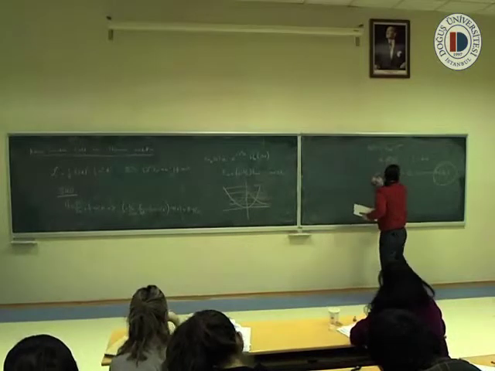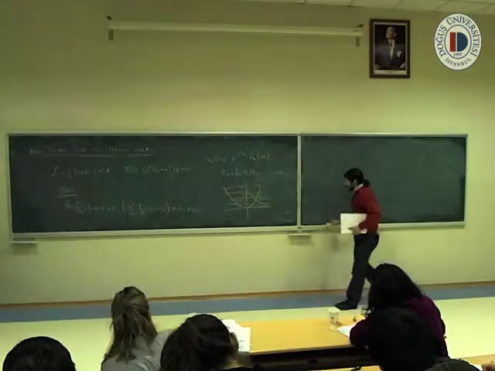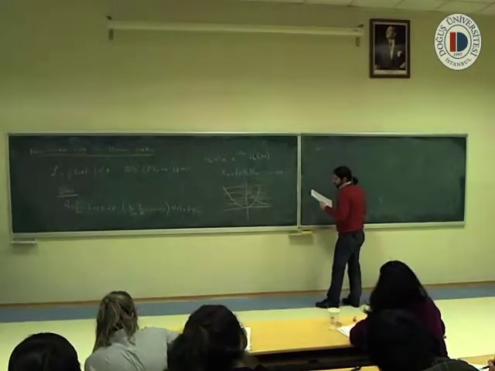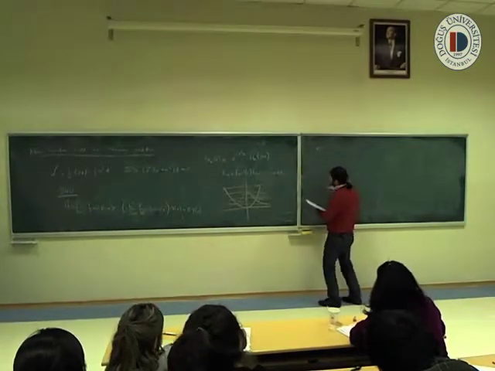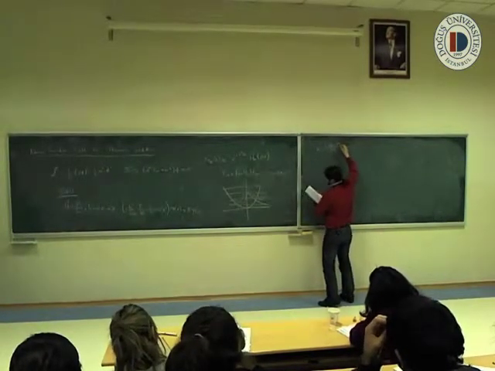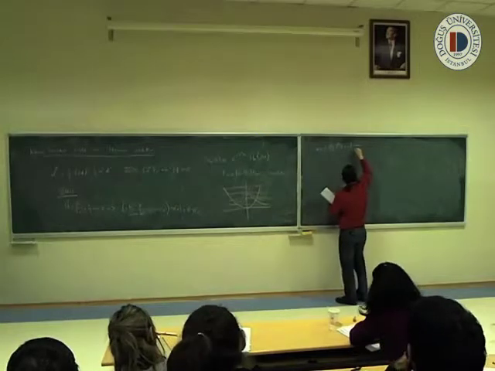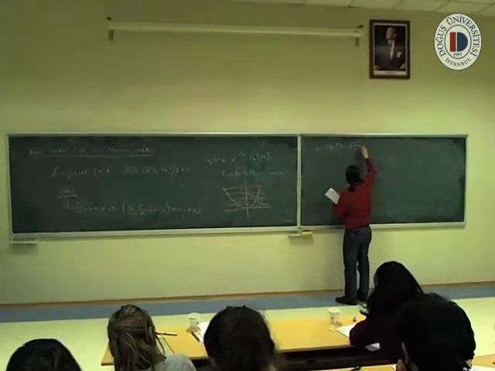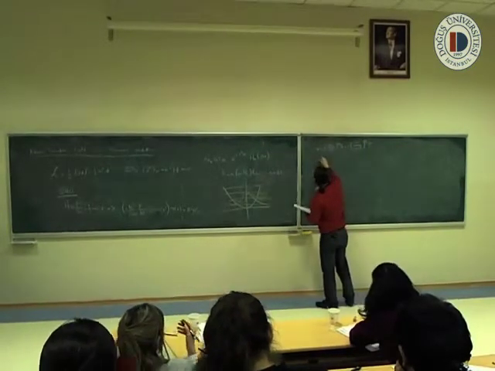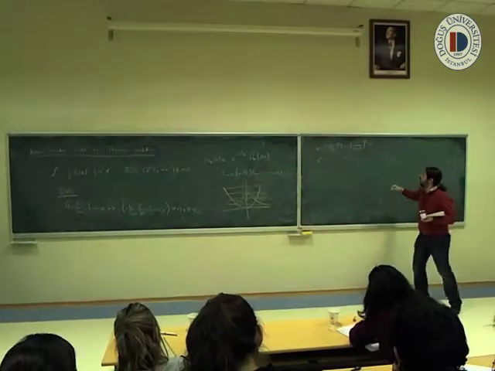There is a much cleverer way to solve the harmonic oscillator in terms of creation and annihilation operators. So if we define A as a combination of the mω, ħ, x, plus i times p, I can also define A dagger, which is the same thing except for a minus sign, because x and p are Hermitian operators.